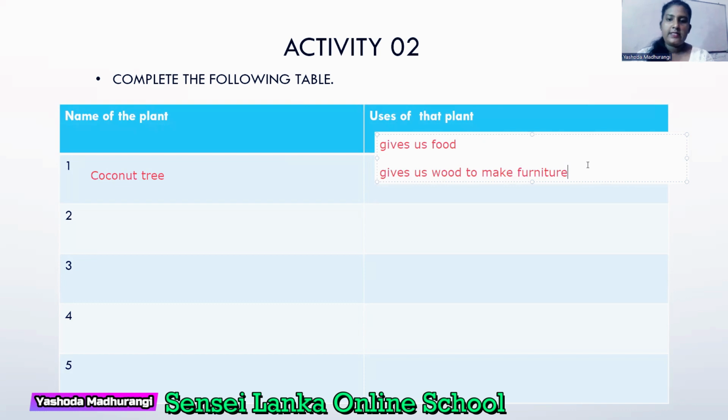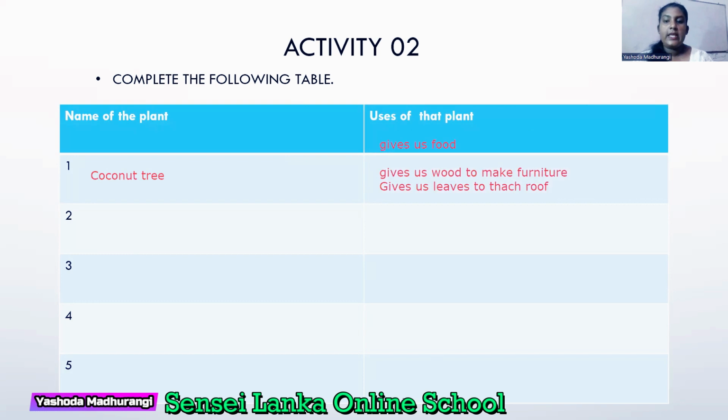And also there is another one. Gives us leaves to thatch roof. They give us leaves to make the roof of the houses. Like that, you also have to find 5 plants and complete this.